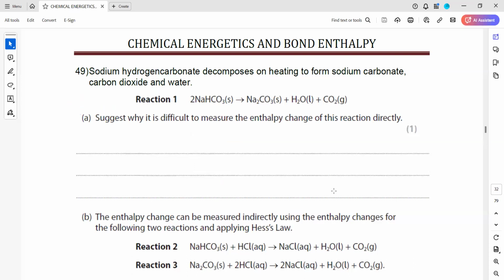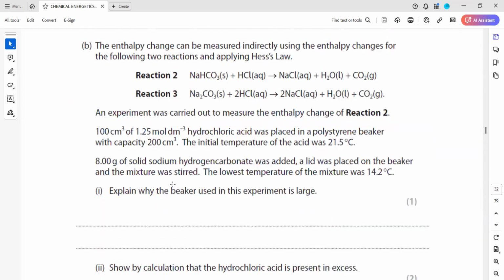The enthalpy change can be measured indirectly using the enthalpy changes of two reactions: sodium carbonate reacting with hydrochloric acid, and sodium hydrogen carbonate reacting with hydrochloric acid.